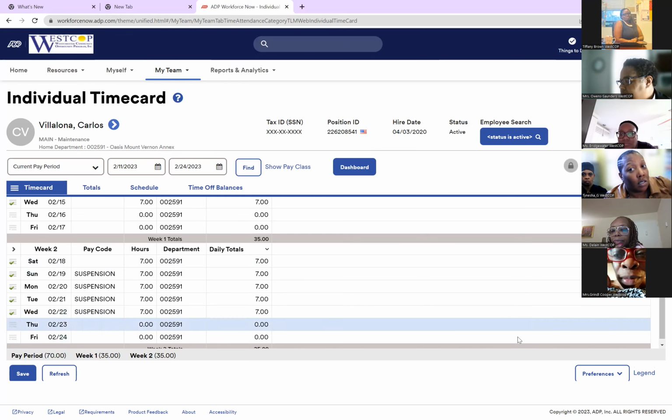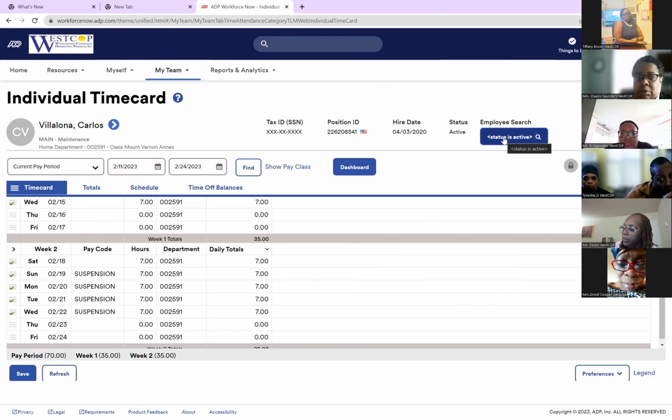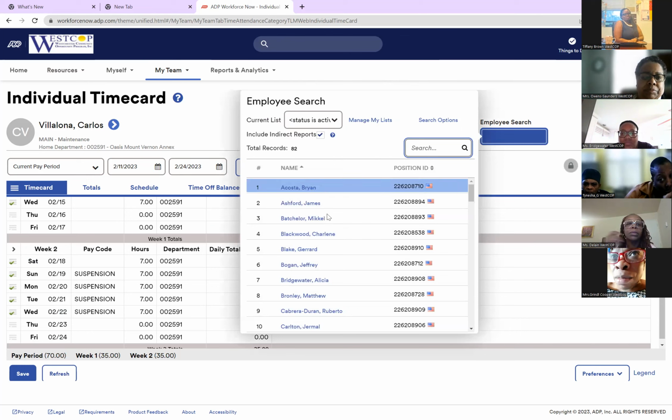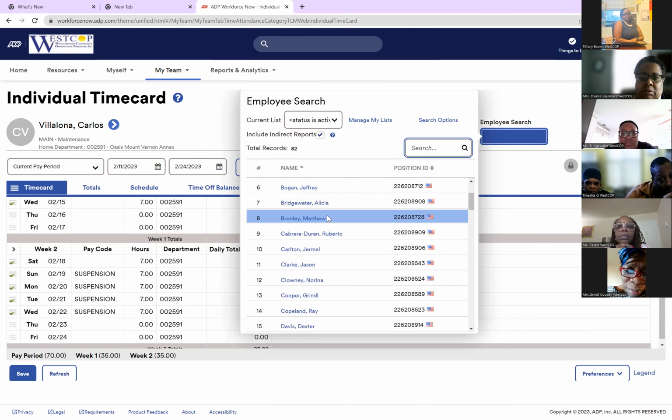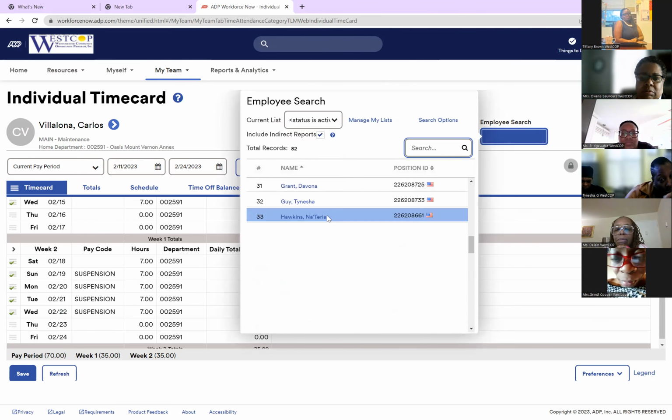Adrien, do you have somebody you want me to see? Roberts, late. I have to see if they added him back to me. Hold on.